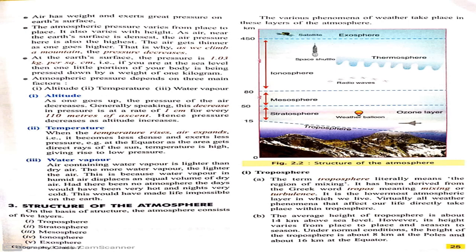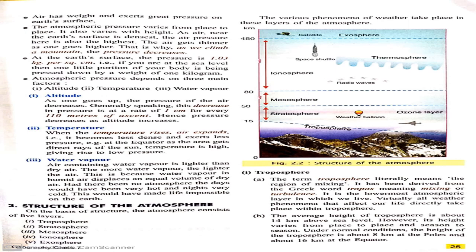Now, the average height of troposphere is about 14 kilometers above the sea level, and its height varies from place to place and season to season. Under normal conditions, the height of the troposphere is about 8 kilometers at the poles and about 16 kilometers at the equator.